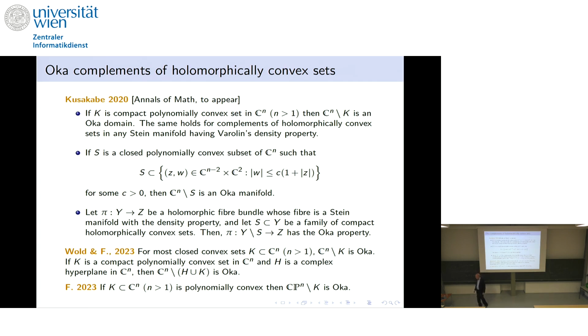So if the closure of K in projective space, of course it should meet lambda, as I wrote, is polynomially convex, then the conclusion is that C^n minus K is Oka. So we have many such examples with unbounded things. Okay, but let's go on.